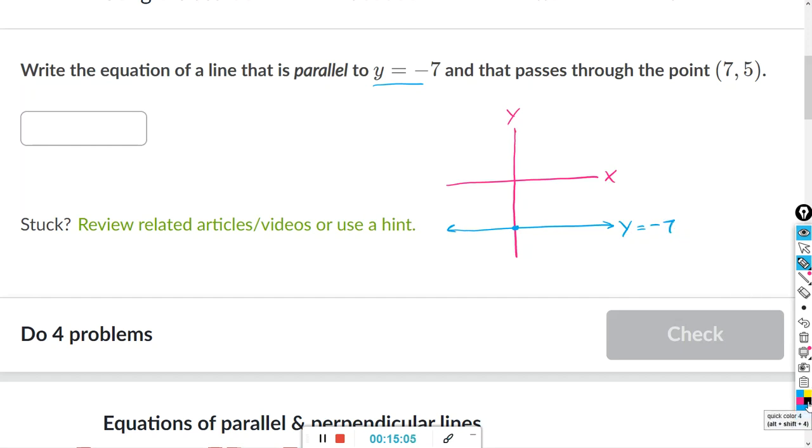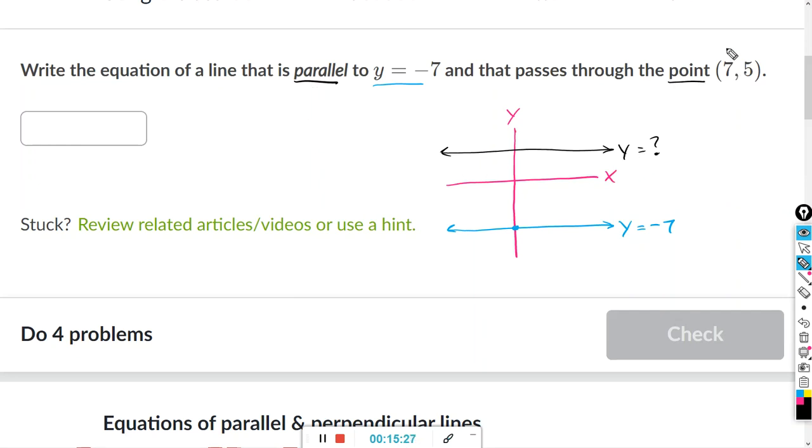And now they want the line parallel to that. Parallel to this line, it's going to have to be something like this. So it's going to be y equals something, because it's parallel. So y equals what? Well, it passes through this point.